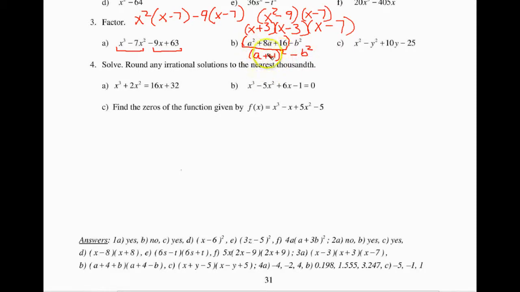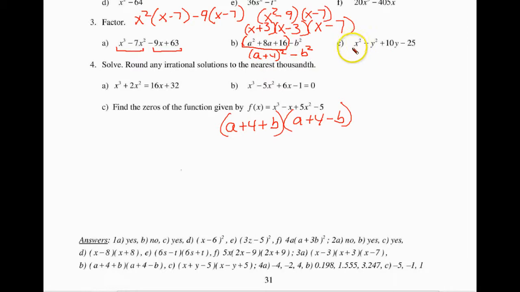So we can then, in a sense, factor this into a plus 4 plus b, a plus 4 minus b. In a sense, it's sort of a modification of the difference of perfect squares.